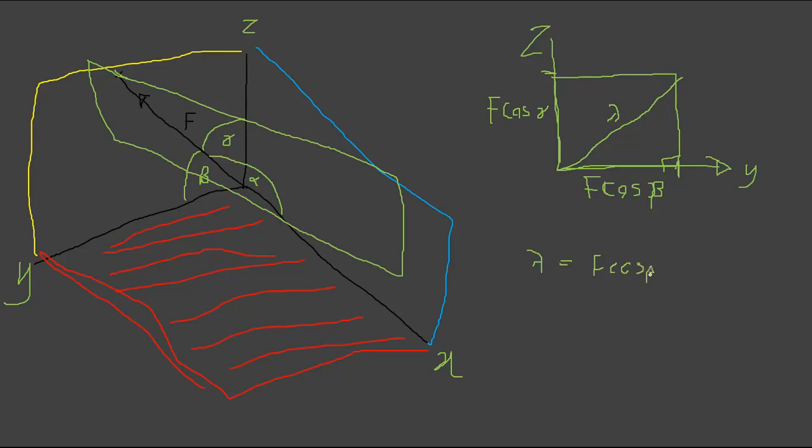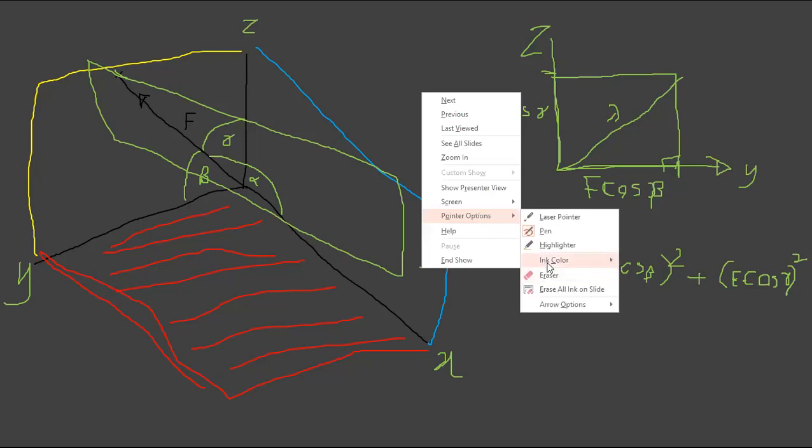Lambda is the square root of f cos beta squared plus f cos gamma squared, right? Similarly, you can take that lambda.